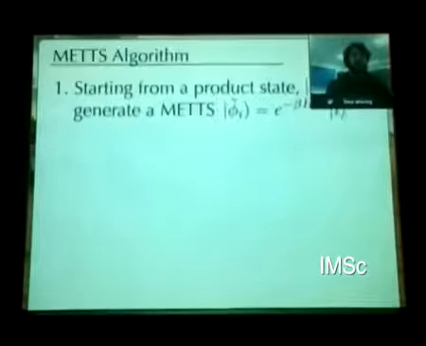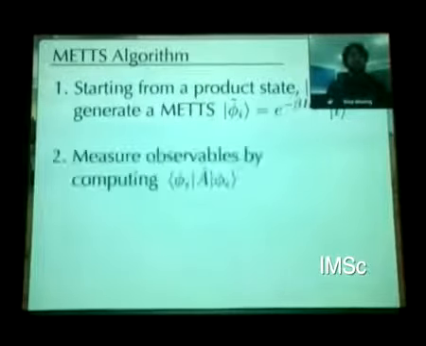So now on the next slide, let me summarize the 3 steps of this algorithm just to bring it all together. Again, the algorithm is you start from a product state labeled I, and then you generate an unnormalized METTS phi tilde by applying this e to the minus beta H over 2 to it. Then you normalize the state.